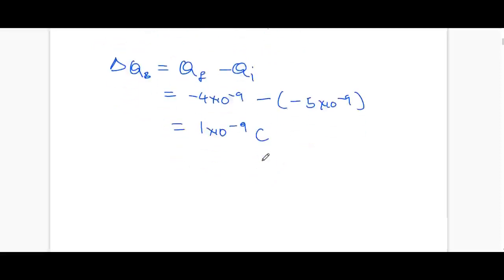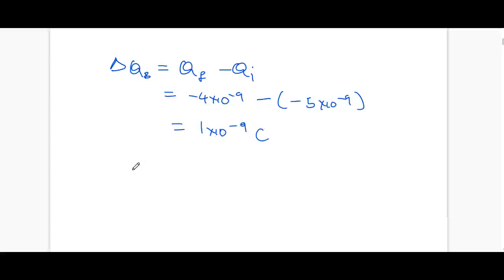So we can see that sphere B has lost electrons, because the difference gives a positive value, so it has lost this amount of charge. Okay, so how many electrons did it transfer? The electrons will be from this charge.